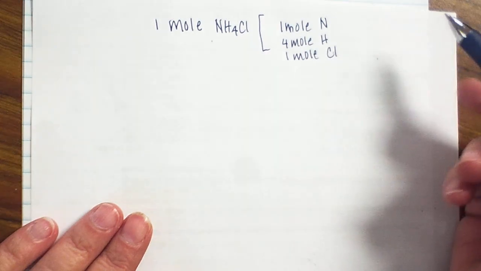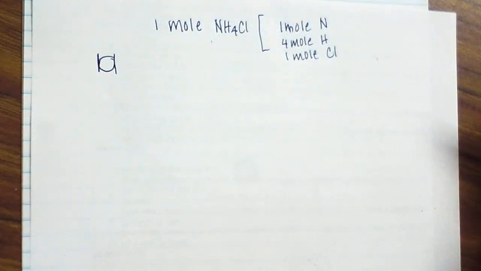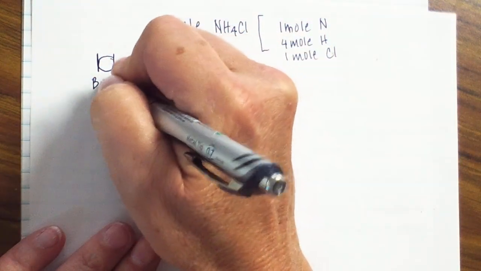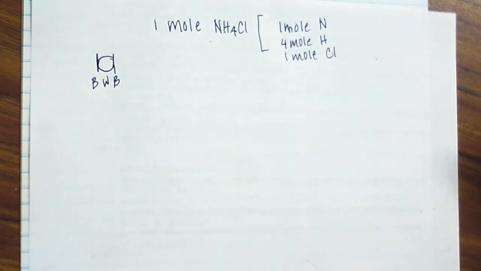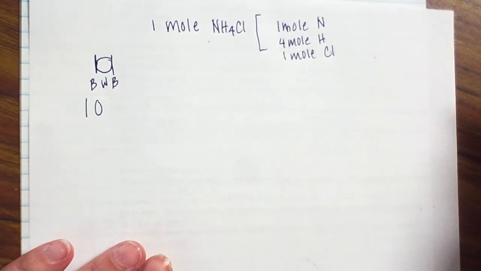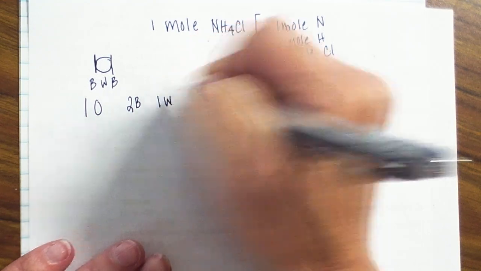All right. We know that an Oreo is 2 black wafers and 1 white creamy filling. So we're going to call this a black wafer, a black wafer, and a white creamy filling. That means 1 Oreo is made up of 2 black wafers and 1 white creamy filling.